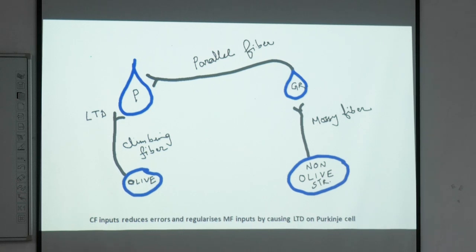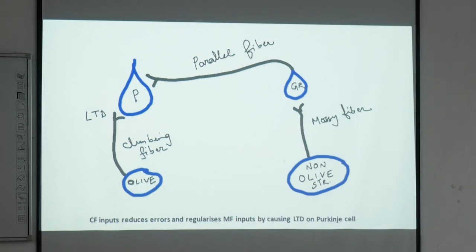When you are trying to swim or ride a bicycle, from all your muscles that are acting during the process, the input is coming from the spinal cord, okay, and that input is going to Purkinje cells via parallel fibers.